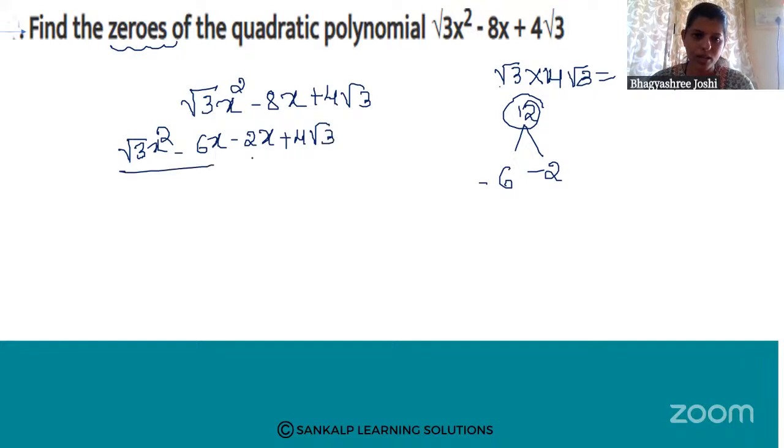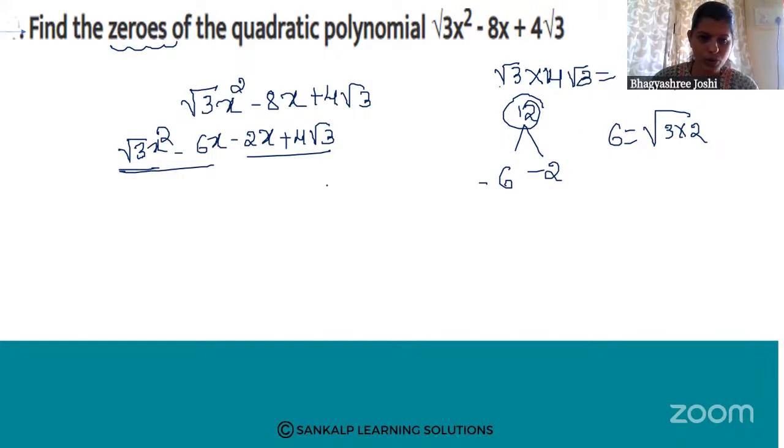Here also make 2 groups. Here root 3x square minus 6x is there. So 6 can be written as root 3 into root 3 into 2. Here root 3 is there, here also root 3 is there, so 1 root 3 I will take common.